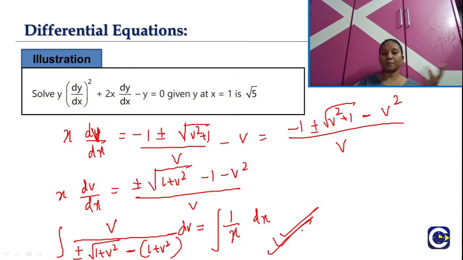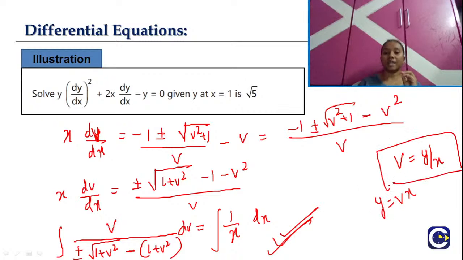That gives the solution in terms of v, and at the end, in place of v, we substitute y by x, because y equals vx, since the answer should be in terms of x and y. So that's all for today.